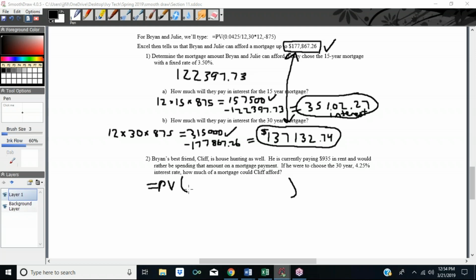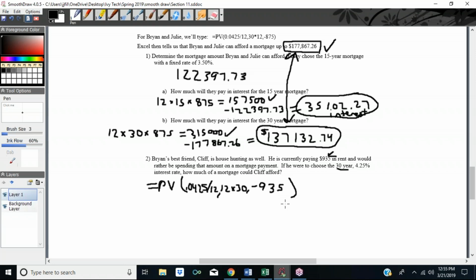So let's take a look. So we're doing the 4.25%, so 0.0425 divided by 12, and then 30 years, so 12 times 30, and then the payment amount, negative 935.